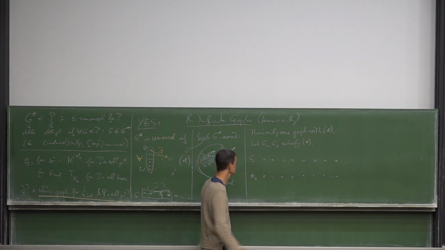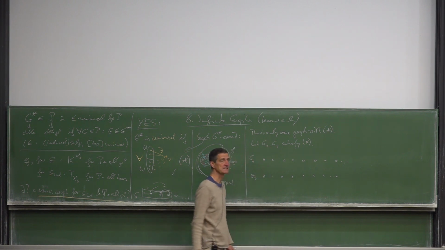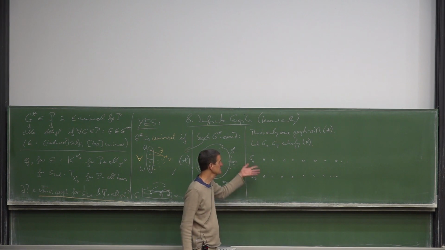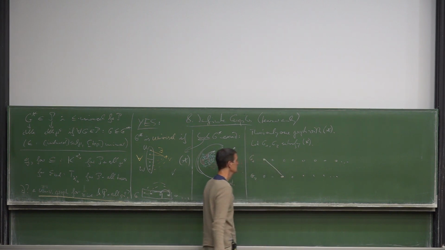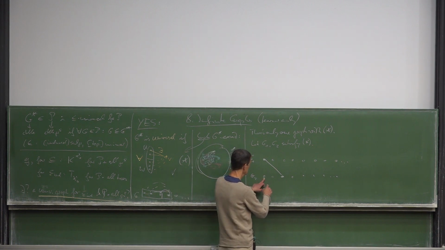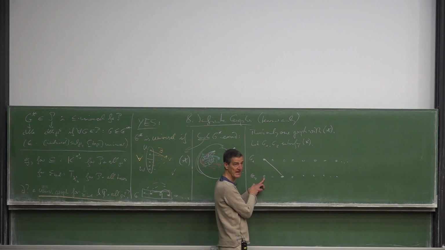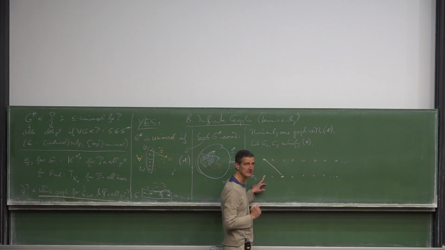At odd steps, we look at the first vertex in G1 that hasn't been mapped to anything, and we map it to something. In the second step, we look at the first vertex of G2 that hasn't been mapped to anything. So this has been mapped to something, but this one is even earlier, so that hasn't been mapped to anything. Let's map that to something in G1.